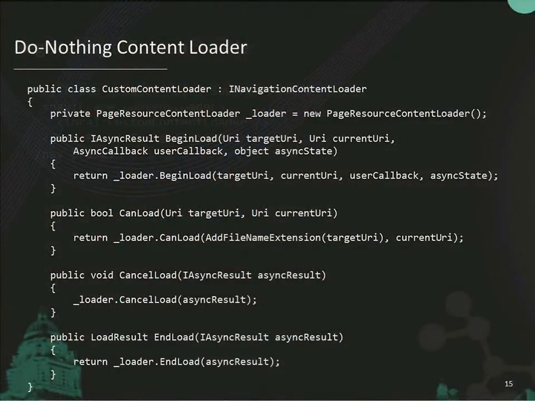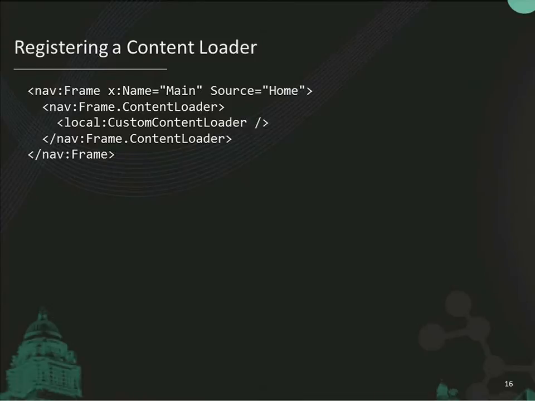One last thing I want to show you before we look at some code is this right here. Once you've built the custom content loader, how do you plug it into the application? How do you let Silverlight know it's there? Well, here's what we typically do. We typically create an instance of it declaratively in XAML, as I'm doing here. Of course, you could always create it programmatically if you'd prefer.